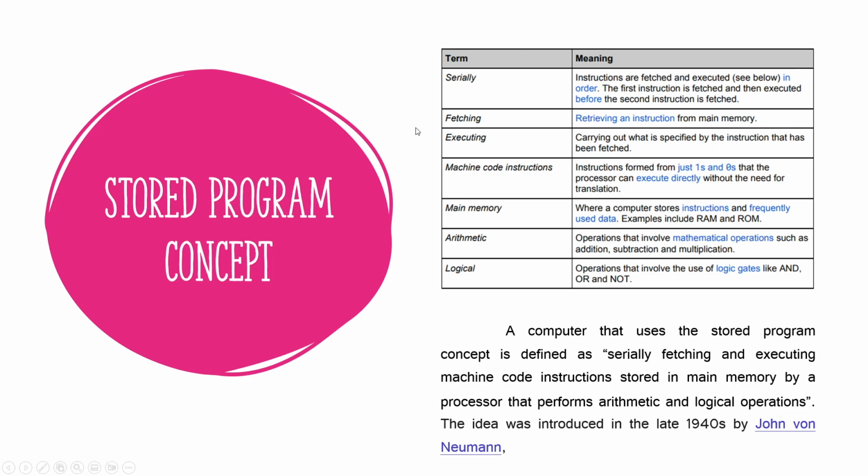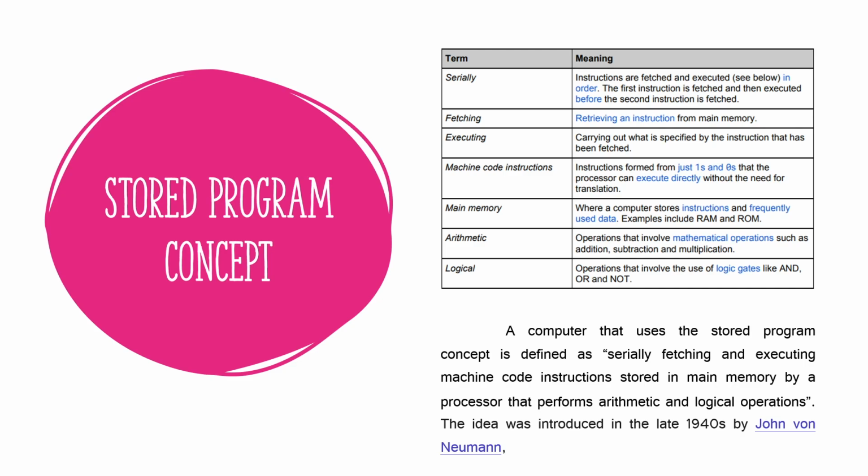Fetching means to retrieve an instruction from the main memory. So that's how the processor basically works, right? It fetches information, processes it, and then produces an output. Executing is the operation that is carried out by the processor according to the instruction that has been fetched.